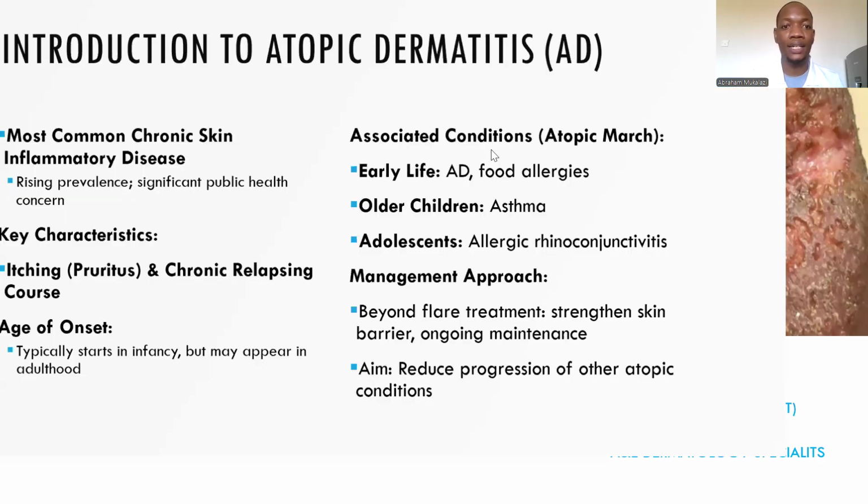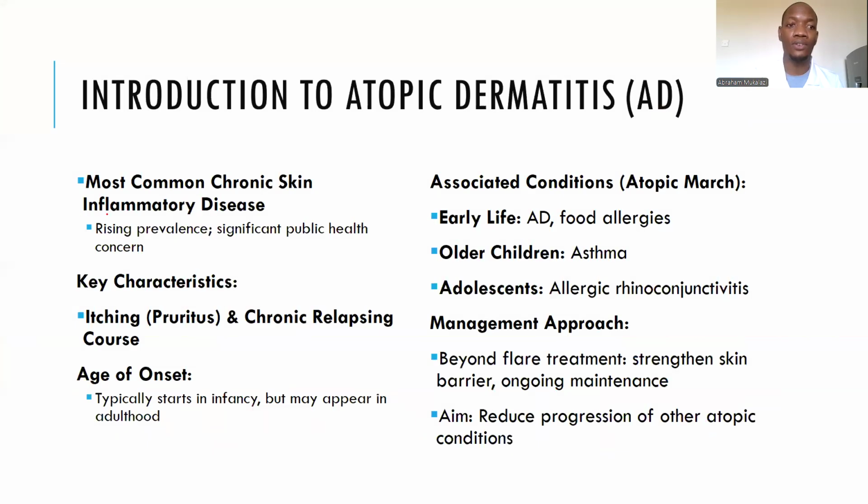So looking at atopic dermatitis, it's one of the most common conditions that we usually see that involves inflammation of the skin, and its prevalence has been rising in the past decades, and it will continue to rise because of the change in socioeconomic status. And this is very key because we have to note that with time, so many cases of atopy are going to arise.